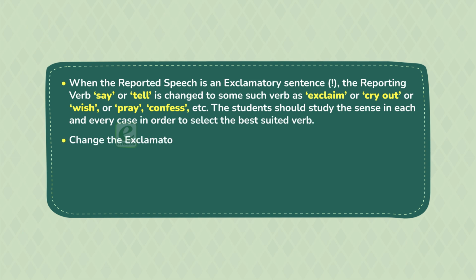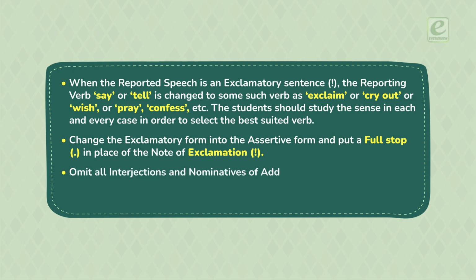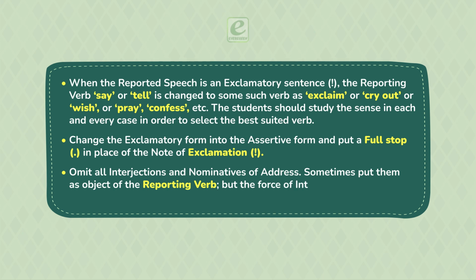Change the exclamatory form into the assertive form and put a full stop in place of the note of exclamation. Omit all interjections and nominatives of address. Sometimes put them as object of the reporting verb, but the force of interjection should be kept by suitable adverbs or expressive words.